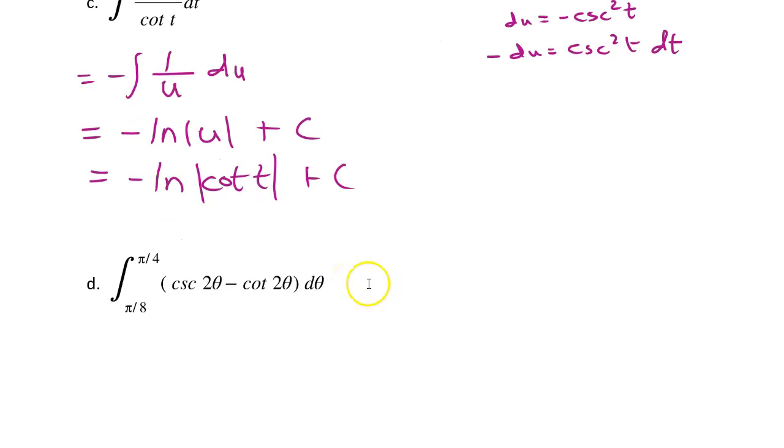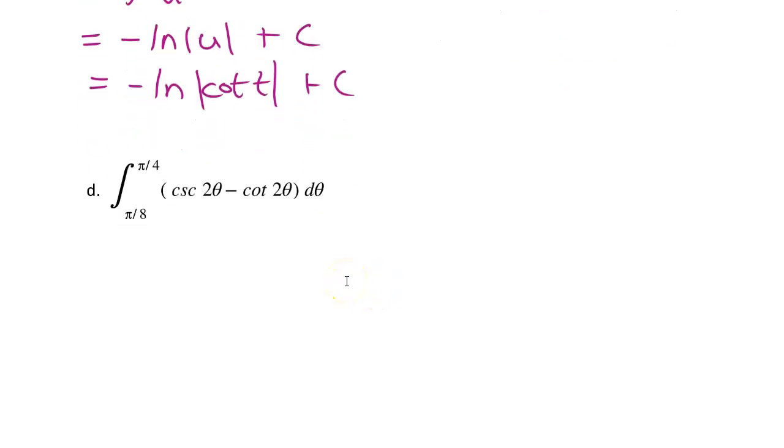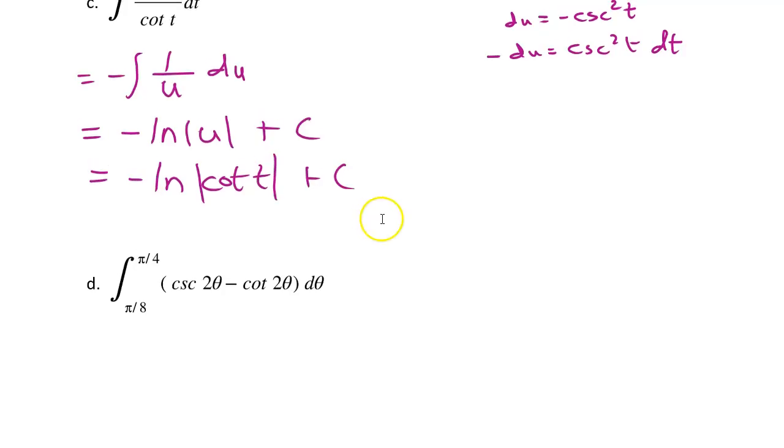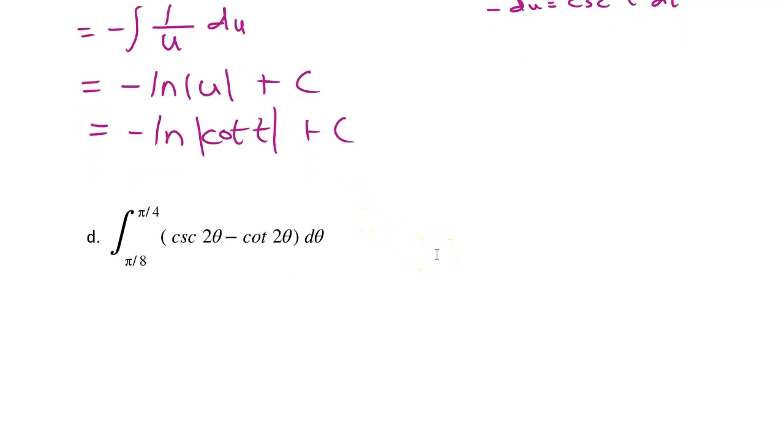All right, let's take a look at this next one. This is a definite integral, so we're going to have to deal with the limits on this one. We have cosecant, which we know what the antiderivative is. We've got cotangent, we know what the antiderivative is. We have to deal with the 2 theta.